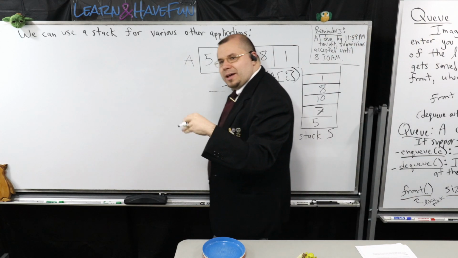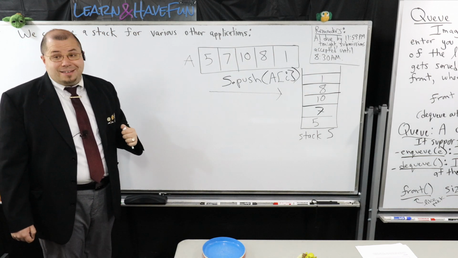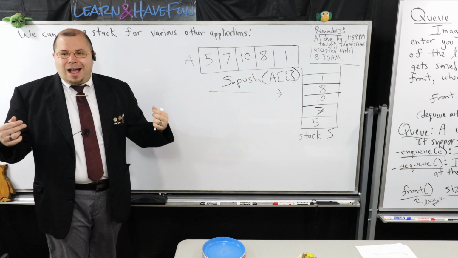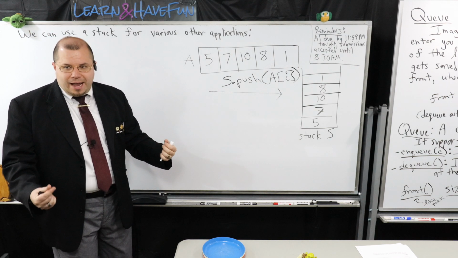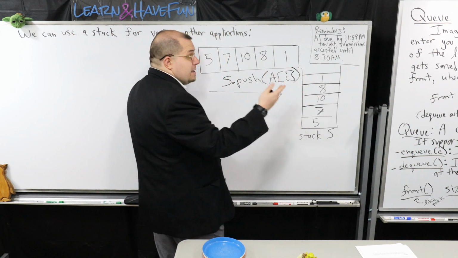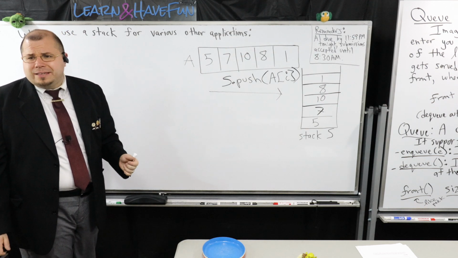So if I scan through left to right through the array and I push each one, I end up with a stack that looks like this. So naturally, if I attempt to pop the stack, say I make a while loop or even a for loop, because I know exactly how many elements are in this stack.